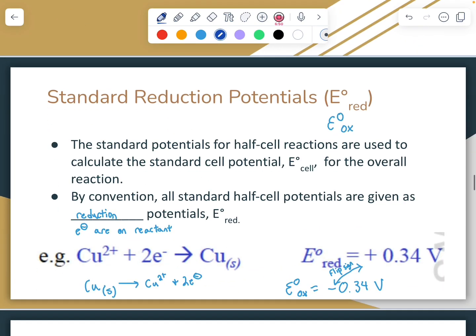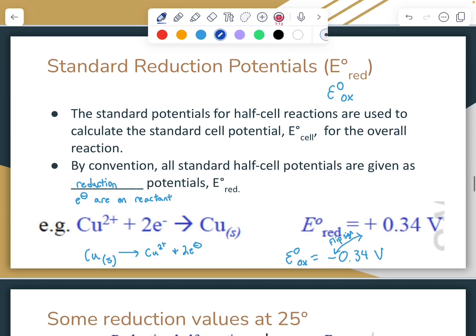Standard reduction potentials. This is where we actually start calculating our standard reduction potentials, and they only give these to you for reduction, so we have to know how to convert that to the standard oxidation potential. It's a numeric voltage.